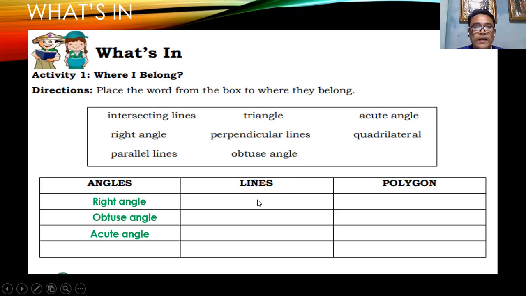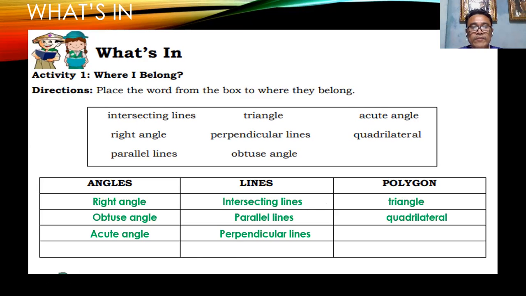Under lines are intersecting lines, parallel lines, and perpendicular lines. And for polygon, we have triangle and quadrilateral.